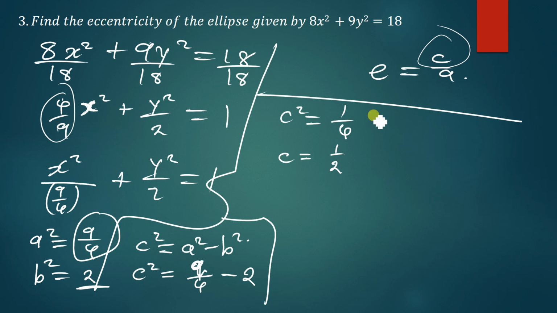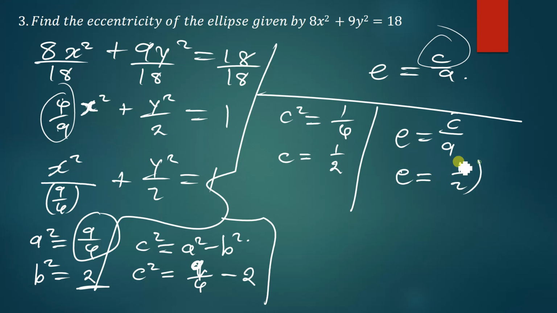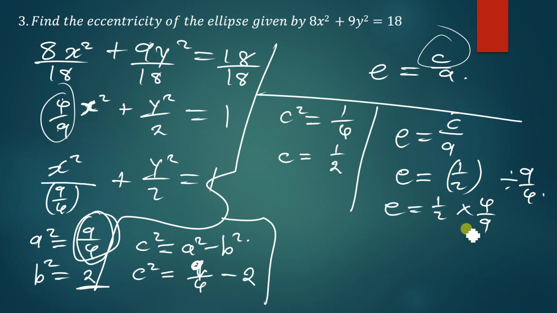So now to find the eccentricity, we know that it's given by c/a. So the value of c has been given to be 1/2. And then when you divide this by a, the value of a was 9/4. So we divide this by 9/4. So eccentricity becomes 1/2 times 4/9.